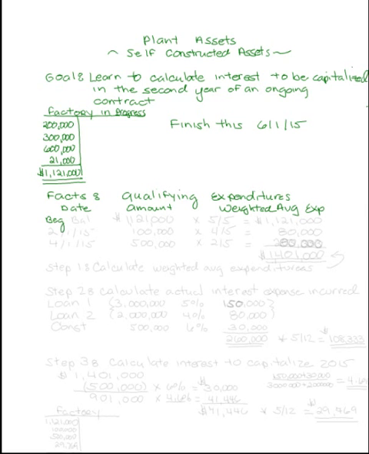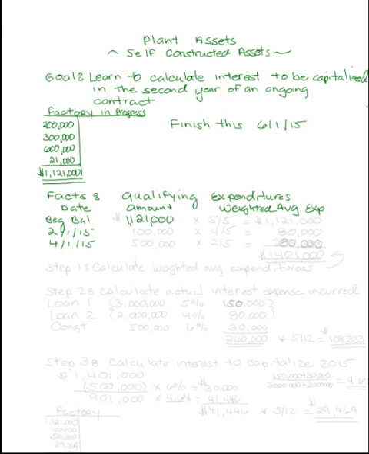The first thing that we need to do is to calculate the qualifying expenditures for the first year. This would include the amounts we ended up with in our factory in progress account last year of $1,121,000. Notice that it includes interest. We had current costs for 2015 in February and in April.